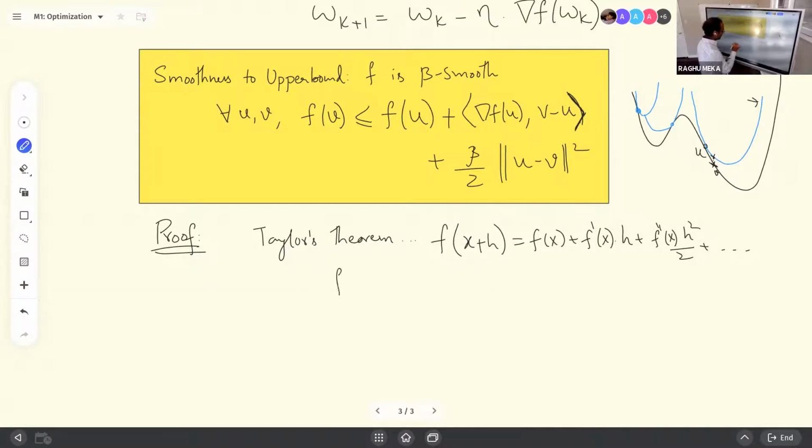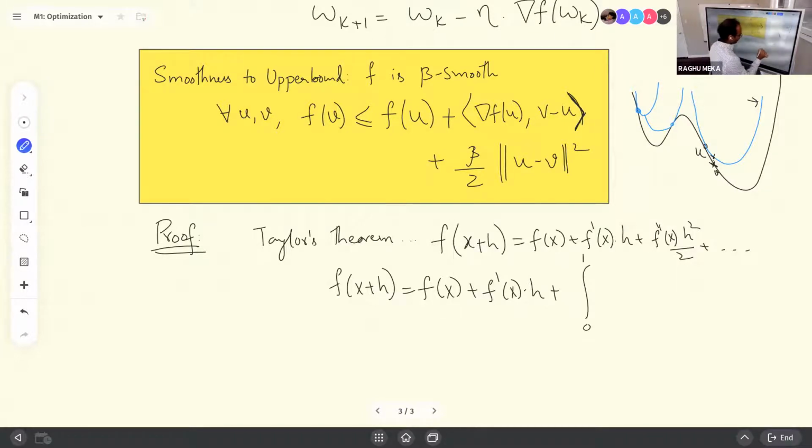So let's say, let me just write it as the. I don't know if you've seen the remainder theorem version of Taylor's theorem. How many of you have seen it?